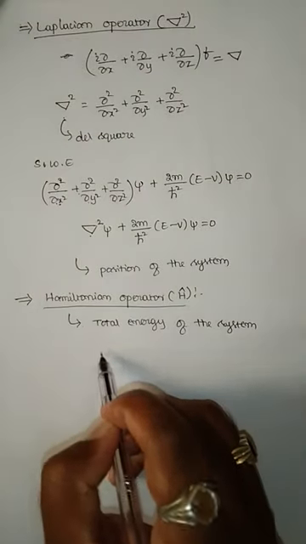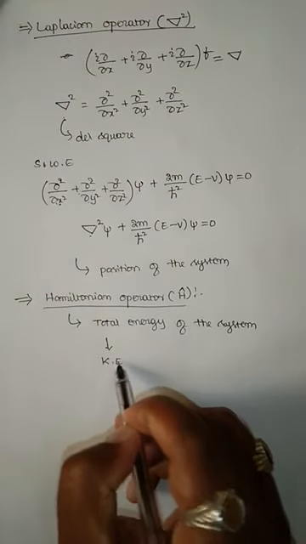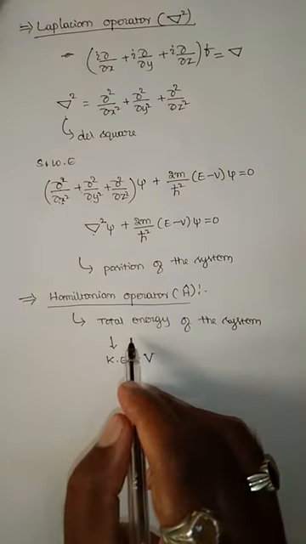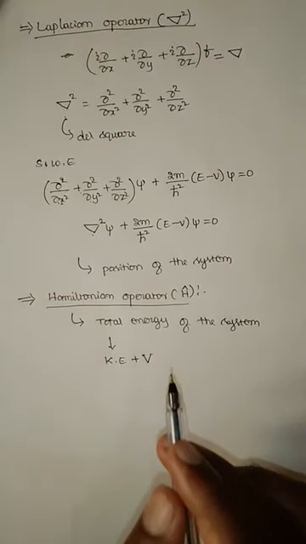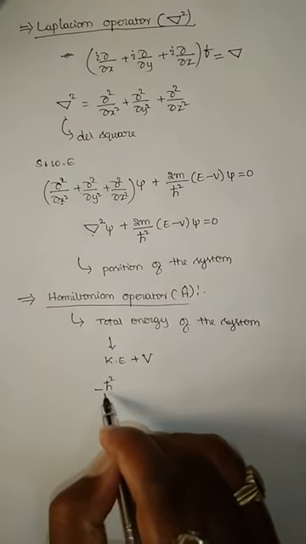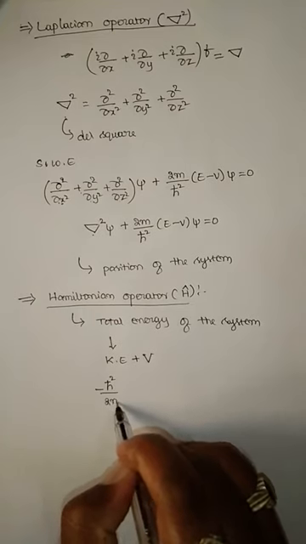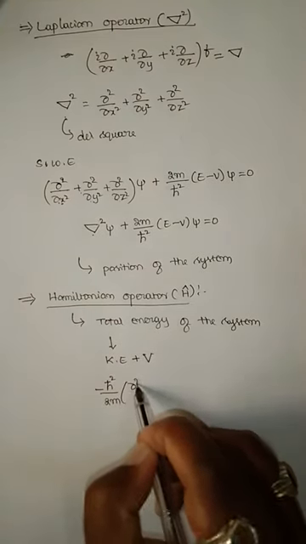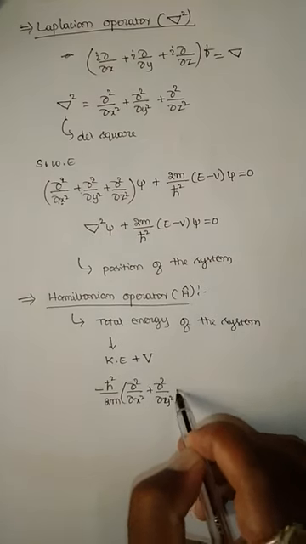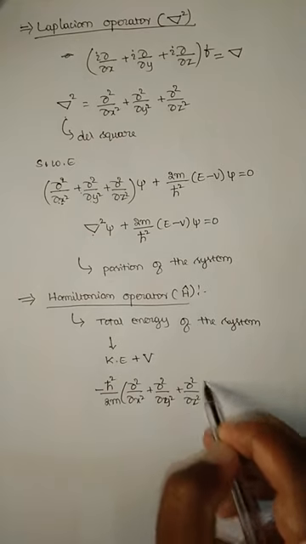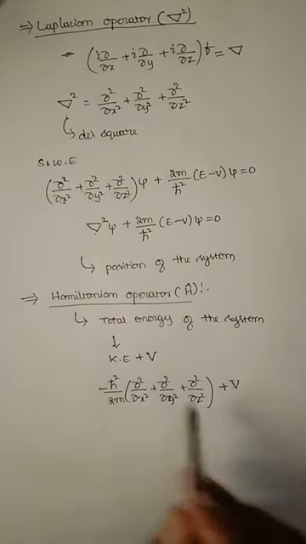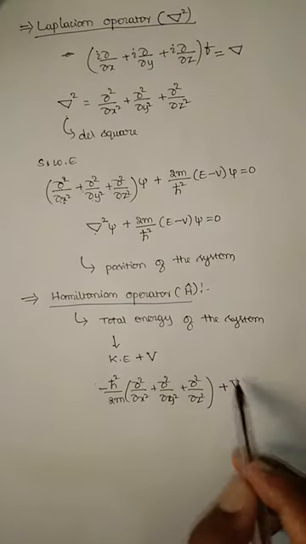And we know that total energy is simply the sum of kinetic energy and potential energy, which can be taken as V. And we have the expression for kinetic energy in terms of operator. We have given that kinetic energy is minus h cross square by 2m into dou square by dou x square plus dou square by dou y square plus dou square by dou z square, right, plus V. So this is the sum of kinetic energy and potential energy.